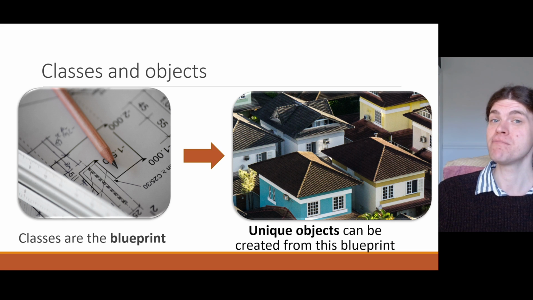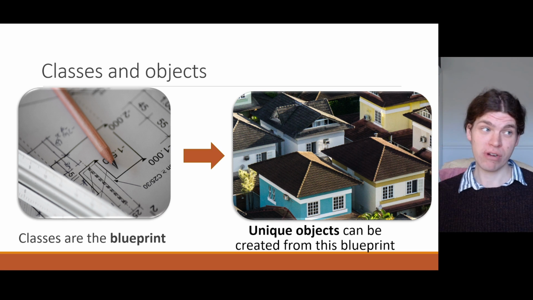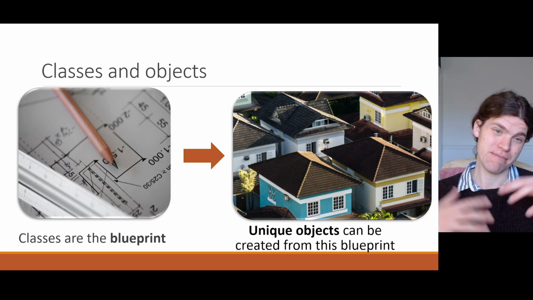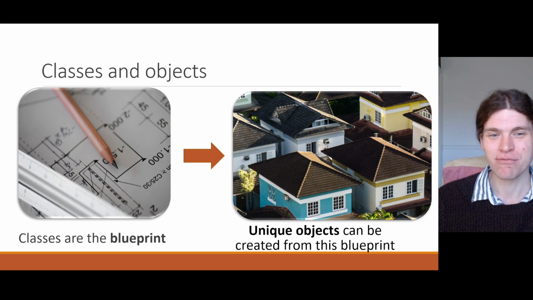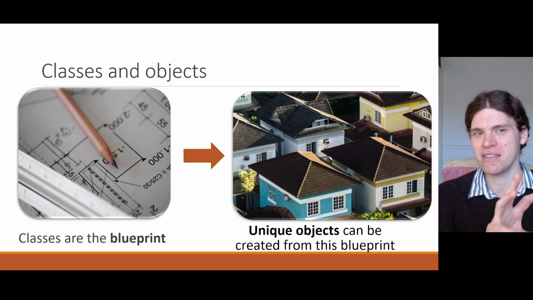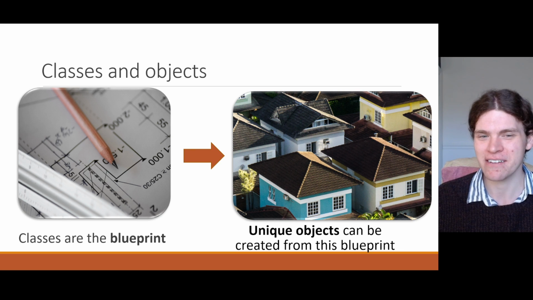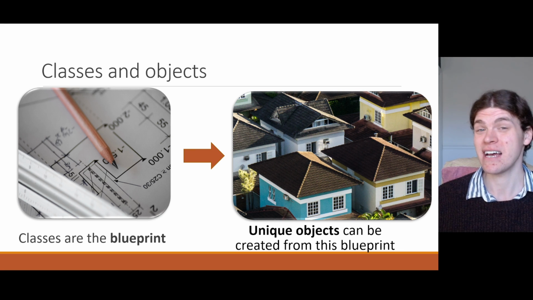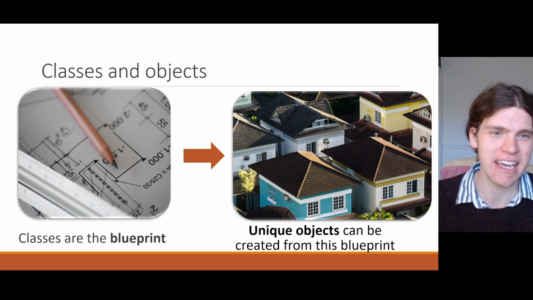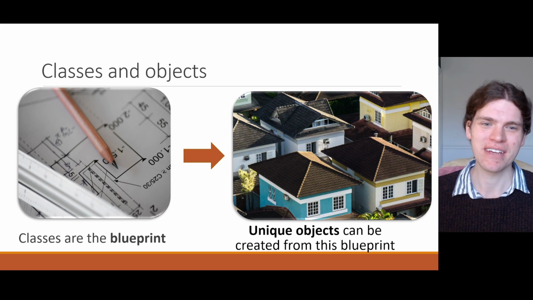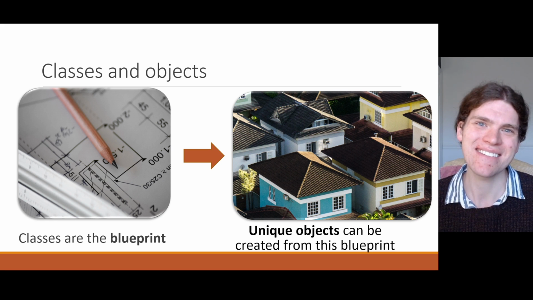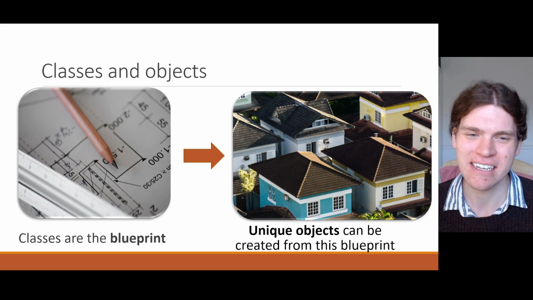Each house could be made to the same structure in terms of its size, build type, roof style, window style, and so on. But even though they look the same on the outside, they will at least have a unique address. And there might be certain customizations. I can see here different colors for things, so even though they're the same size, they might have a different outside color. We might model that as well in our programming.